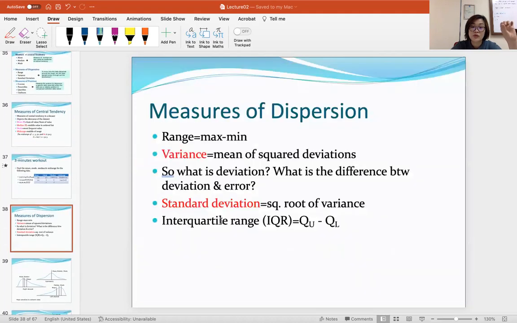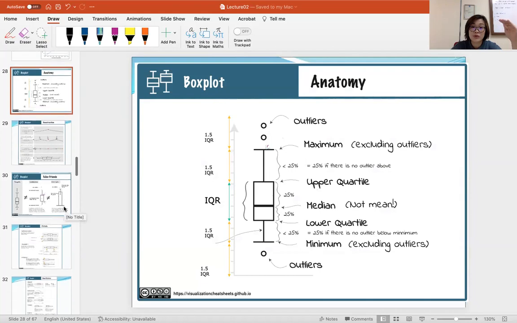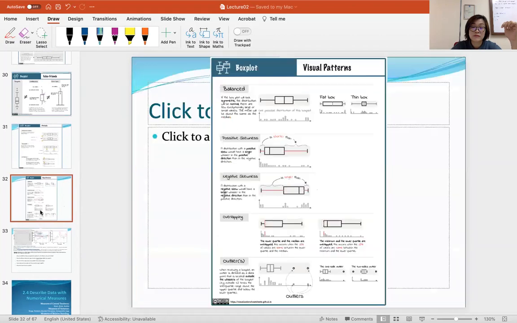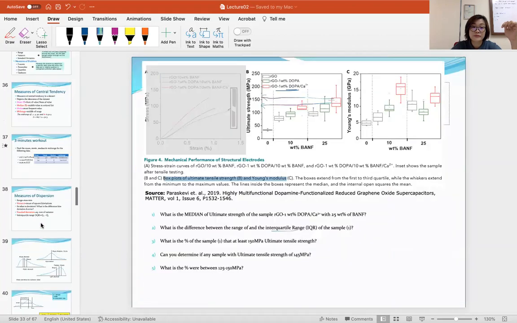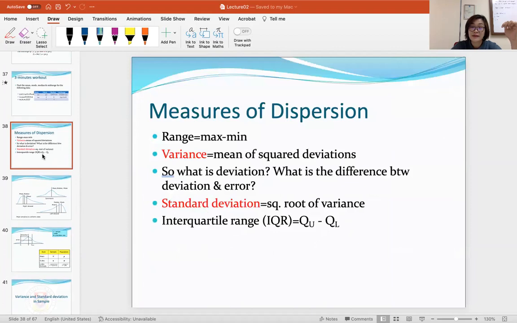Okay, so the interquartile range, if you look at a box plot, is the upper quartile minus the lower quartile. So 1 IQR covers about 50% of the sample, which is within the upper quartile and lower quartile. Okay?